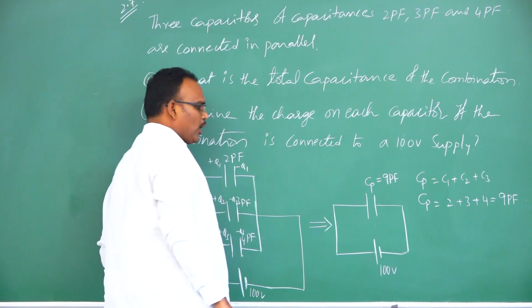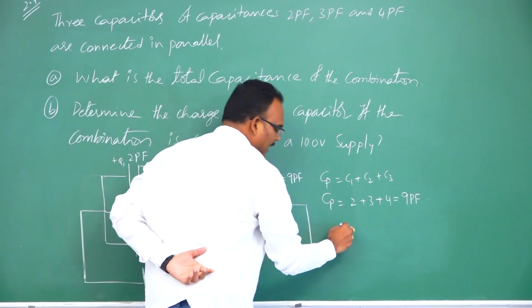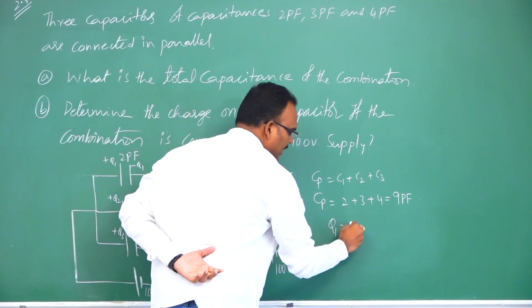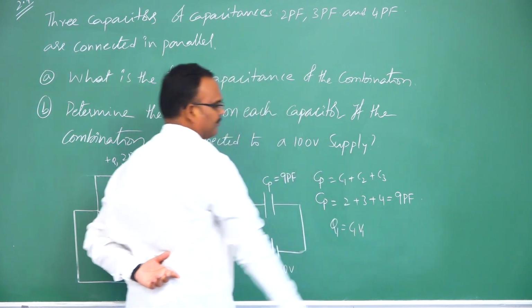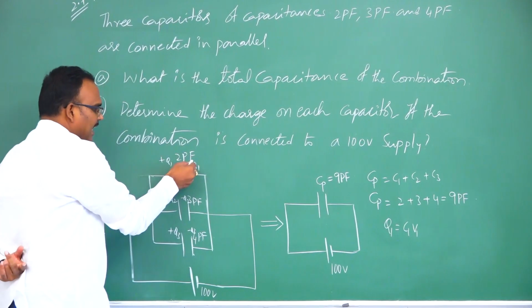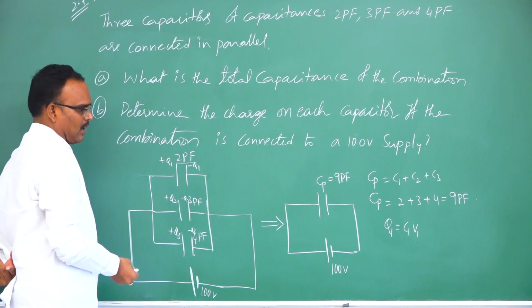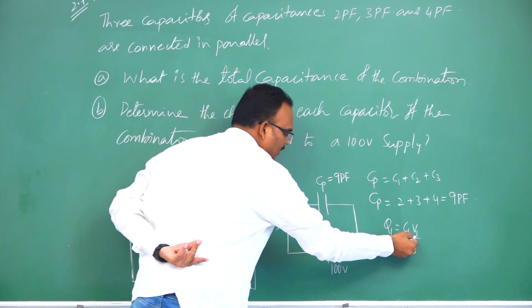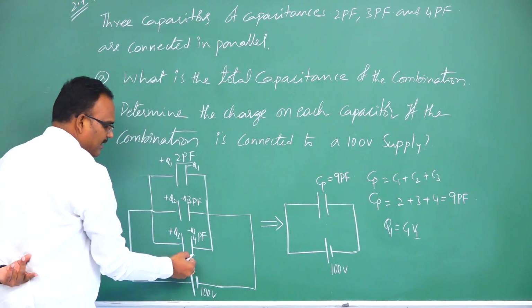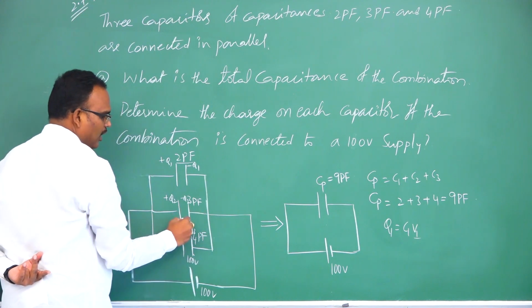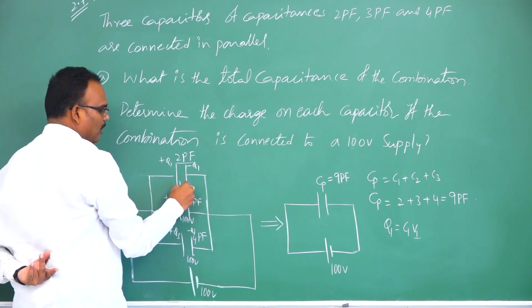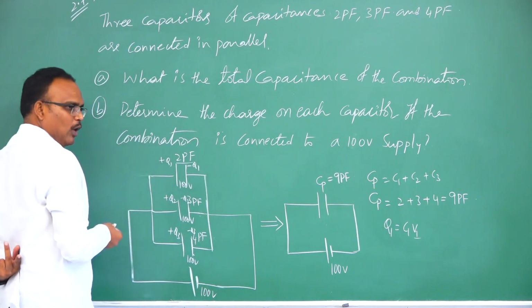For example, if you want to calculate charge on the first capacitor, then we should write Q1 is equal to C1 into V1. First capacitance I know, that is 2 picofarad. And potential difference across the first capacitor is same as the source. Here also potential drop is 100 volt. Here also 100 volt. Here also 100 volt.